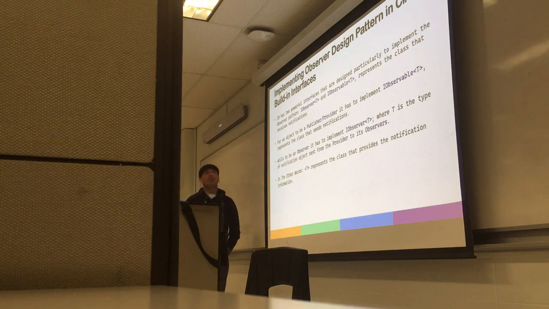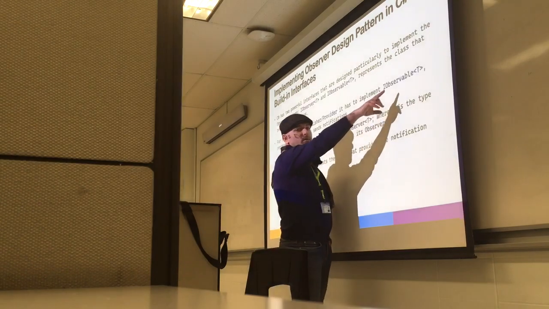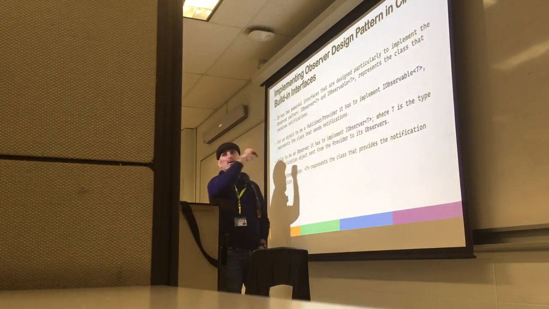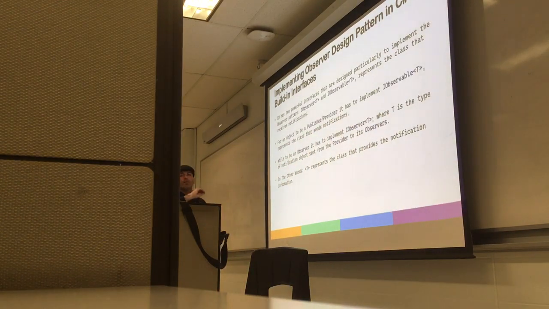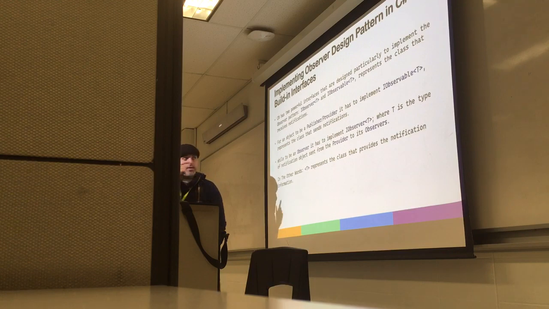So the publisher and the provider classes implement the IObservable interface. The responsibility of this class is notification for the observers: please, something happened in my class. The observer implements IObserver<T>.